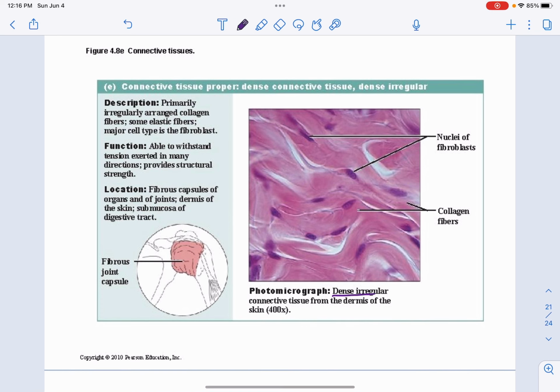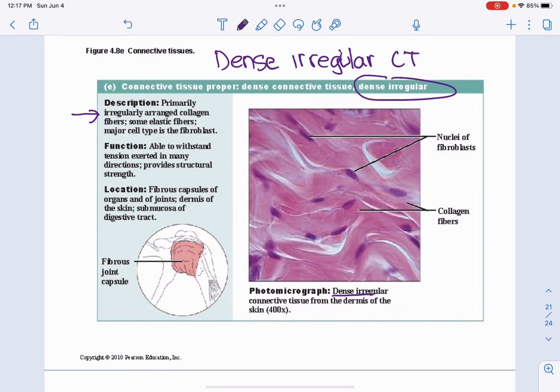Dense, irregular connective tissue. So the important feature about dense, irregular connective tissue is that the collagen fibers are in an irregular arrangement.